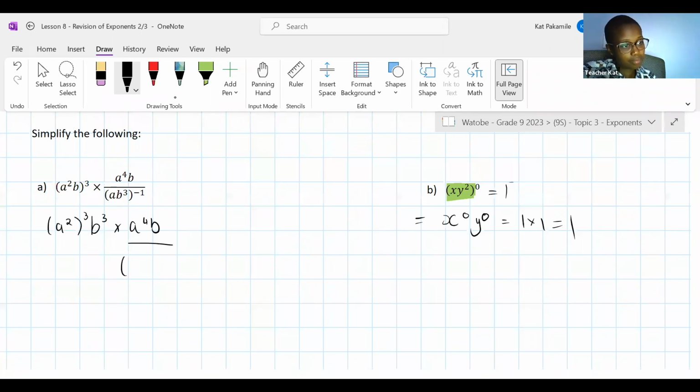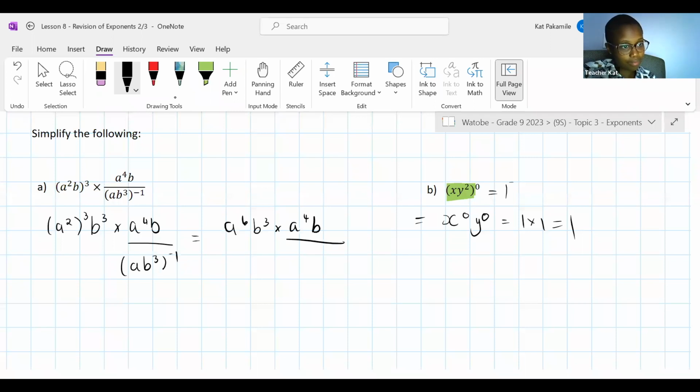And I said A to the power of 6, B to the power of 3 multiplied by A to the power of 4 B, divided by bracket AB to the power of 3 bracket -1.